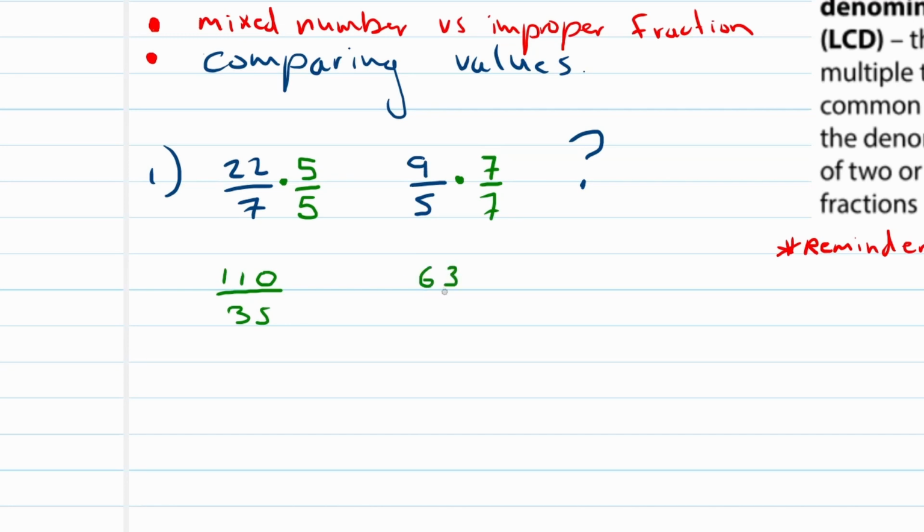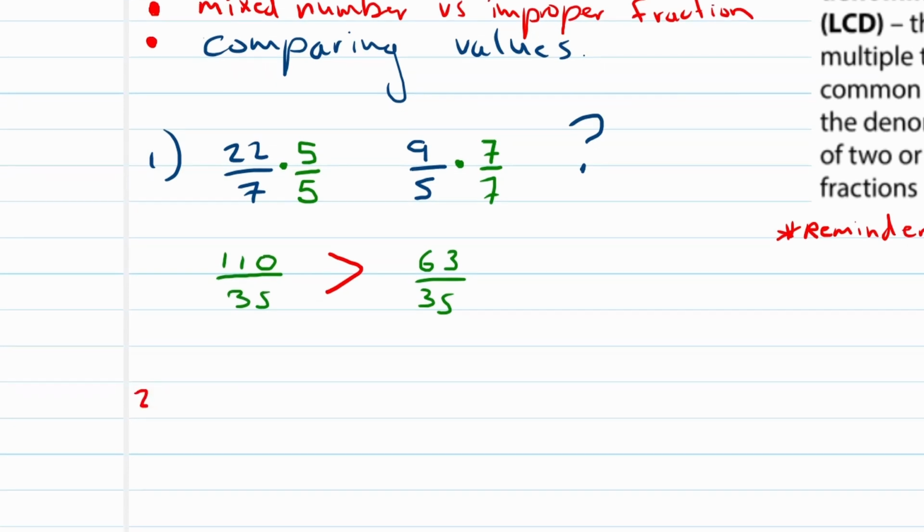So we've got 63 over 35. Now it's very easy to compare our two fractions with each other. Which one is bigger? Well, the one on the left is definitely bigger than the one on the right. And it's easily comparable now because our denominators are the same. And the numerators then show us the relative value towards each other.